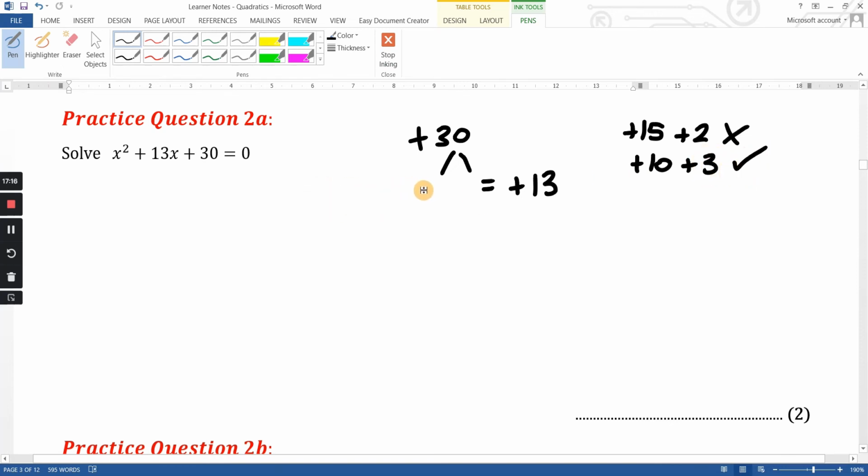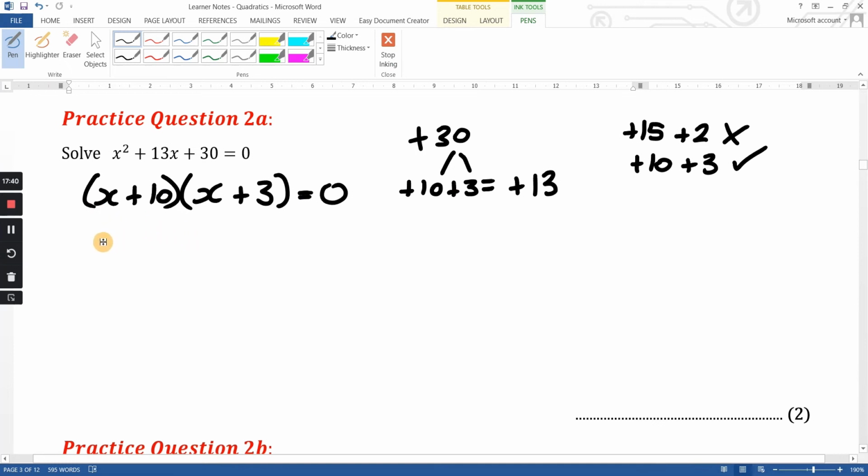So it's always worth rechecking. So I'm going to have a 10 here and a 3 here. They're either both going to be positive or both negative. In this case, they're both going to be positive. So I'll get x plus 10 and x plus 3. Still got equal to 0.